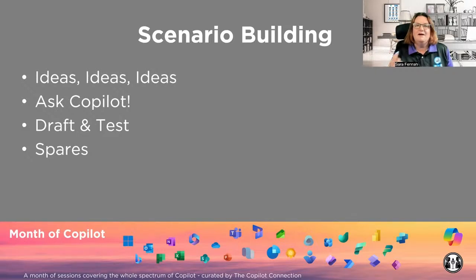So think about naming conventions and where you're going to store things. Especially with Copilot for Microsoft 365, we can't restrict access to our demo content from our main interaction, because Copilot needs access to that information to work on it. So I've got to build up my strategies, not just my scenarios.